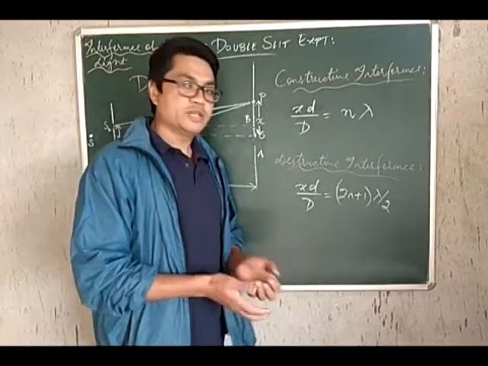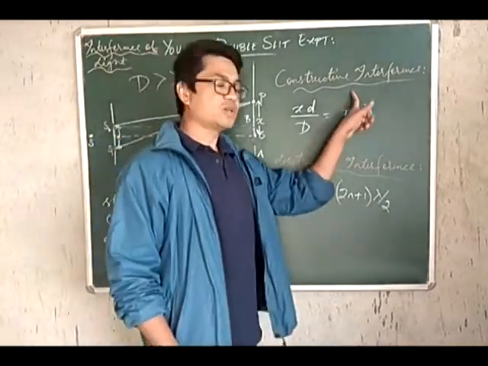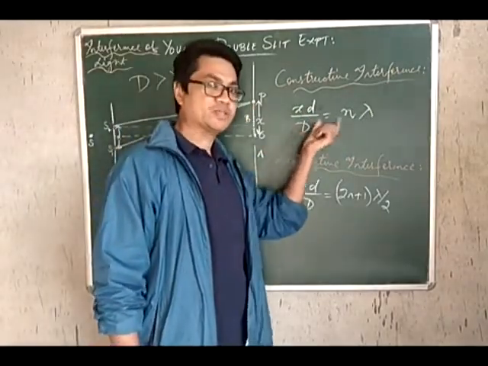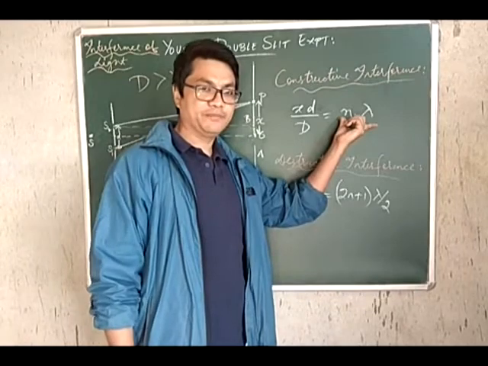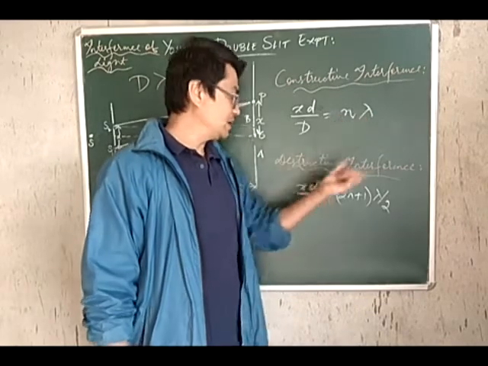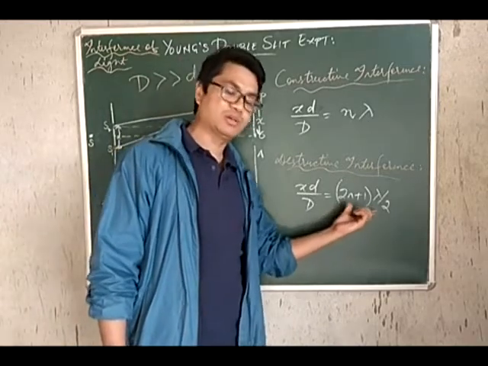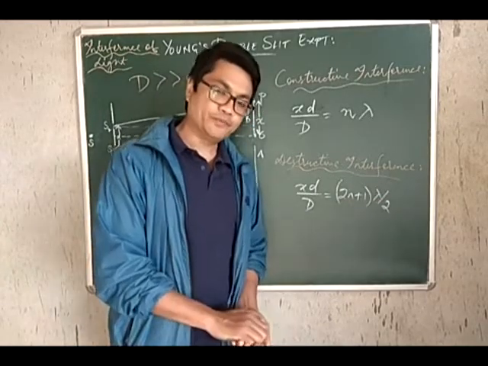So like I already told you, we get constructive interference or bright fringe at point P if the path difference is equal to n lambda, a whole number multiple of lambda, and destructive interference if the path difference is an odd number multiple of lambda by 2.